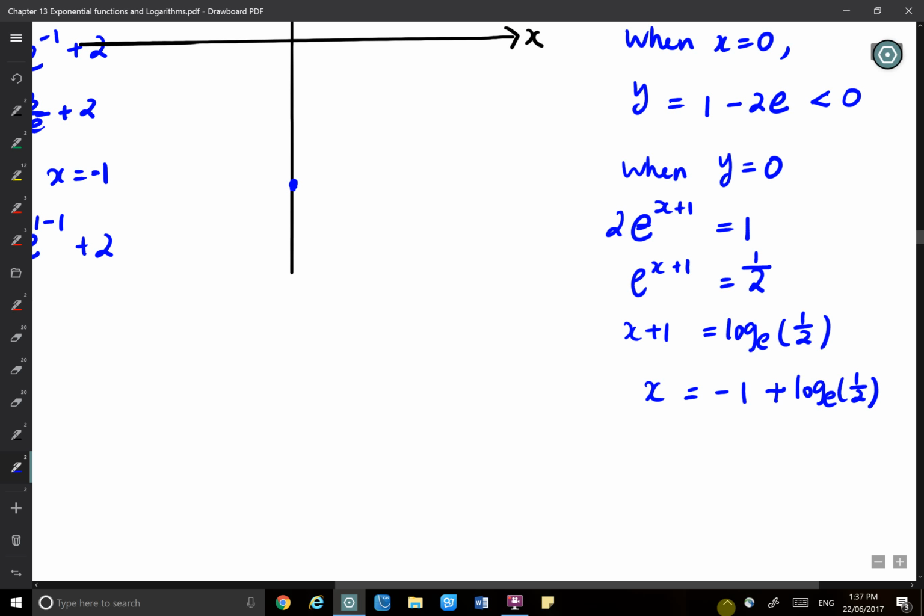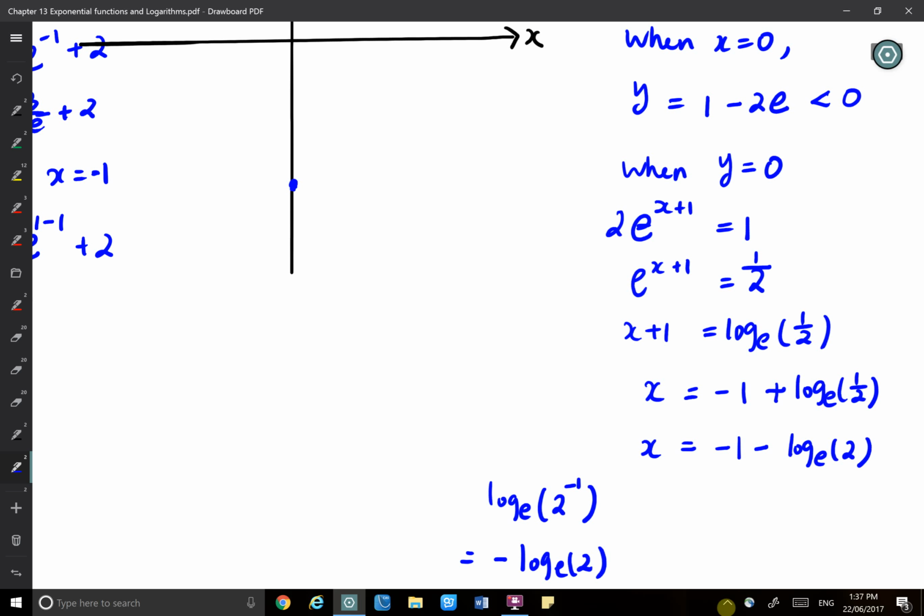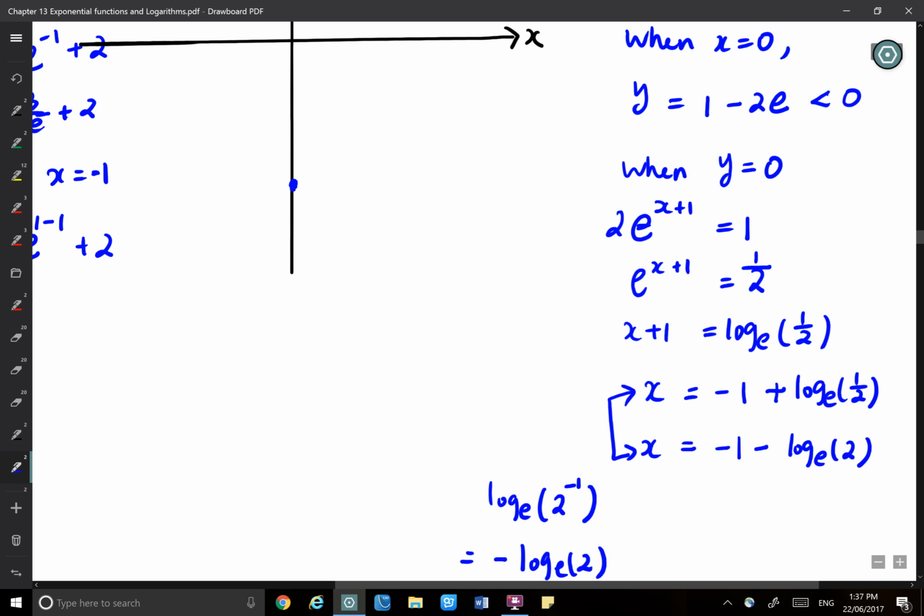And that can be x equals minus 1 minus log_e 2. Okay, what's log_e of a half? log_e of a half is log_e of 2 to the power of minus 1, and I can bring the minus 1 to the front, and that will become minus log_e 2. It doesn't matter which one you have. Both answers are correct.